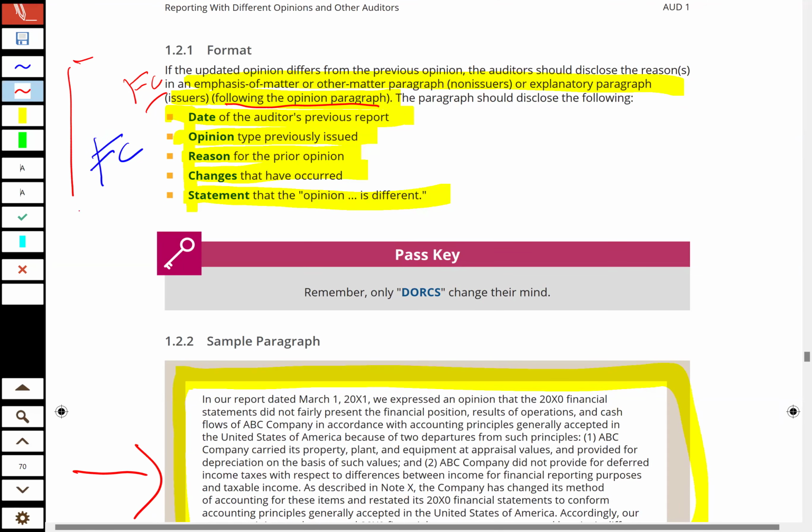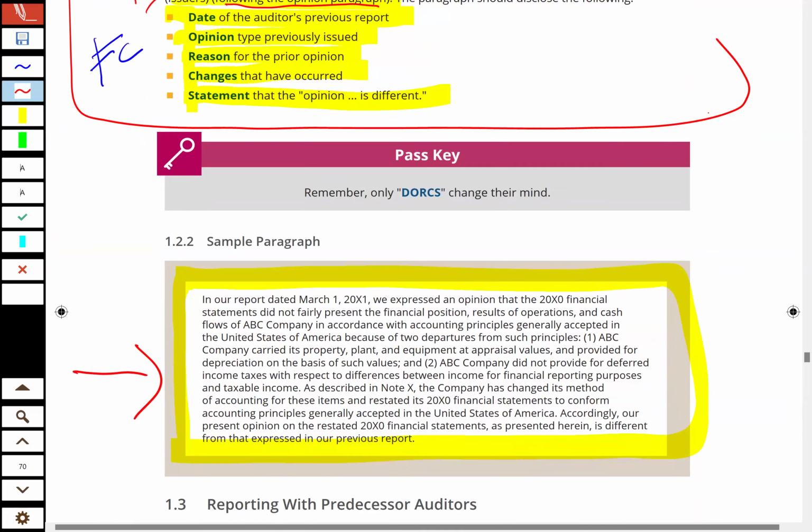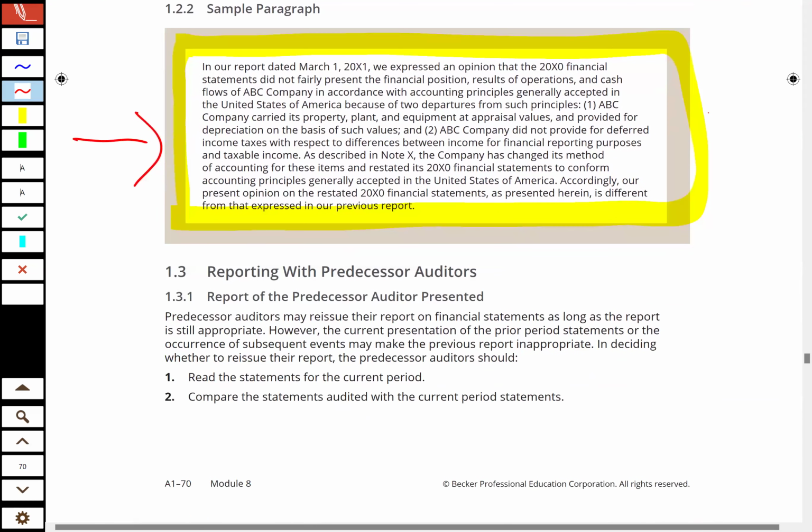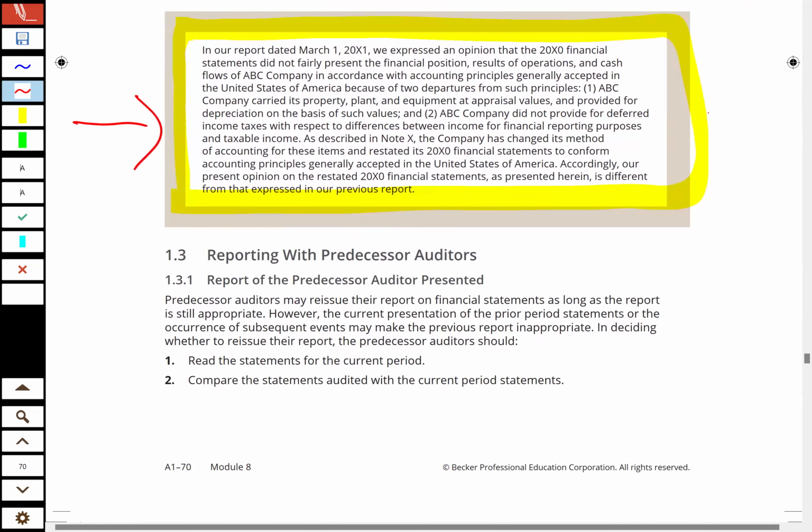You just need to know where to locate and the elements of what goes into that additional paragraph. I don't want to indicate that you should memorize it, but you may read that for fun and see that it does contain the elements that we talked about, the dorks elements. Okay. All right, good.